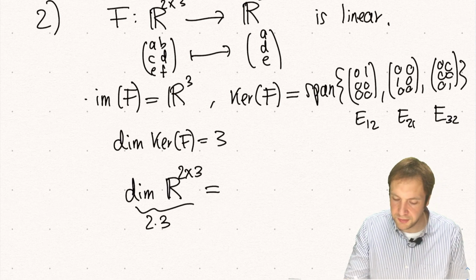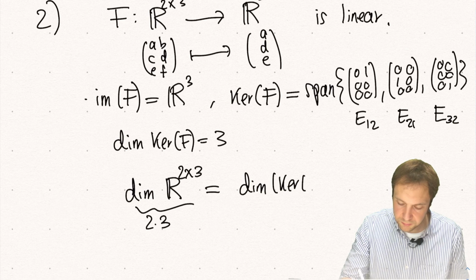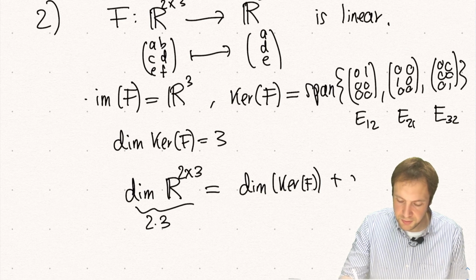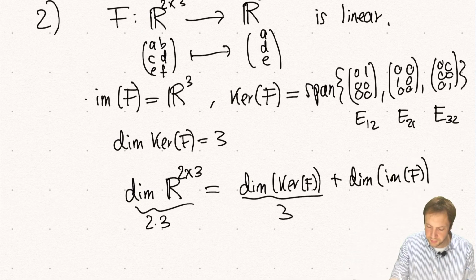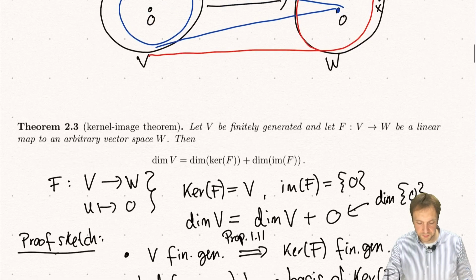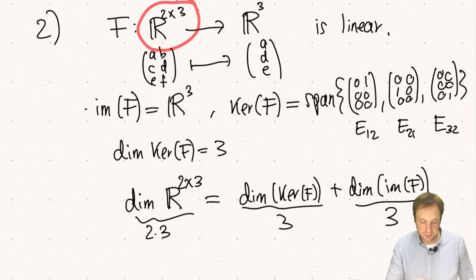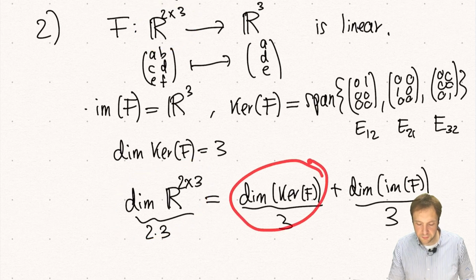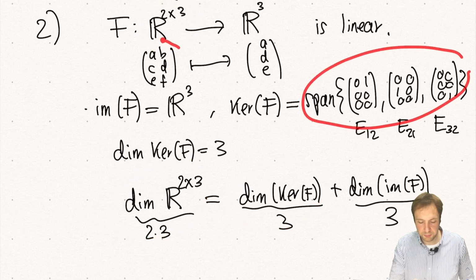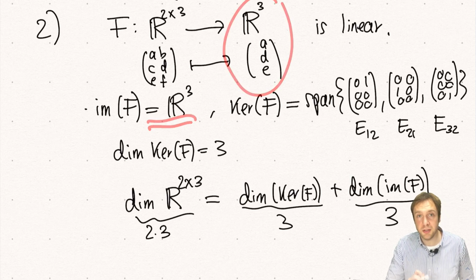And in this case, this is exactly the dimension of the kernel plus the dimension of the image, because both of them are 3. So this gives an example of this theorem here, that the dimension on the left hand side is given by the sum of the dimension of the kernel, which is a subspace of the 2 by 3 matrices, plus the dimension of the image, which is the subspace of R3, but in this case it's actually everything.